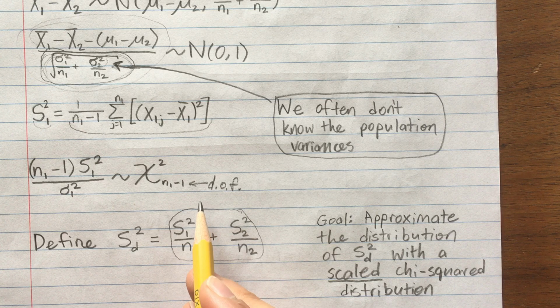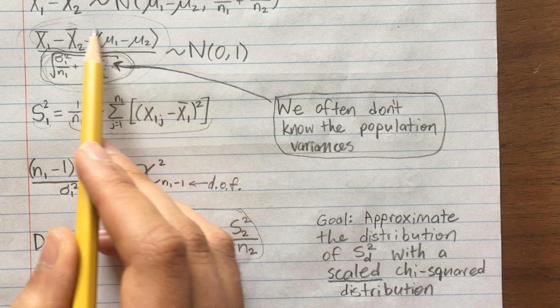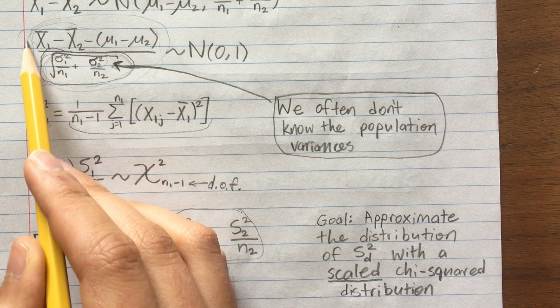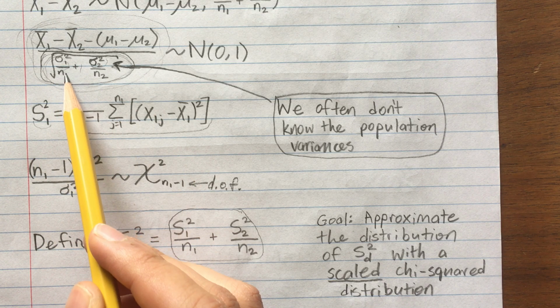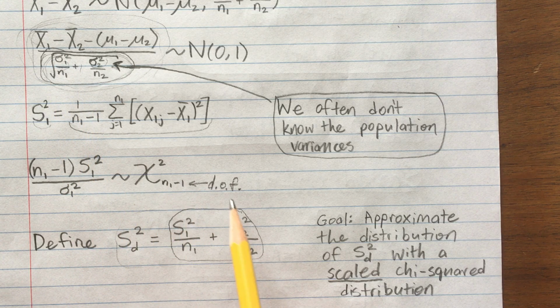And if we can find the distribution of SD squared, then we will be able to use a statistic of this form, except using the square root of SD squared in the denominator, and then we're going to be able to do a t-test.